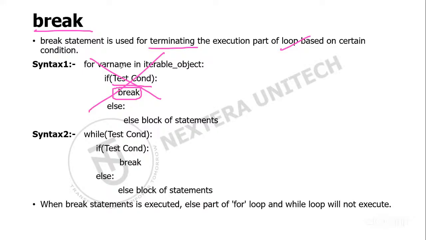Even though you are not done with the values in the iterable object, since we have reached the break statement, it terminates the execution. The same happens here. If this condition is met, obviously it has to go inside the if block. When it goes into the if statement, you have break statement which is going to break the execution of while loop, which stops the while loop.